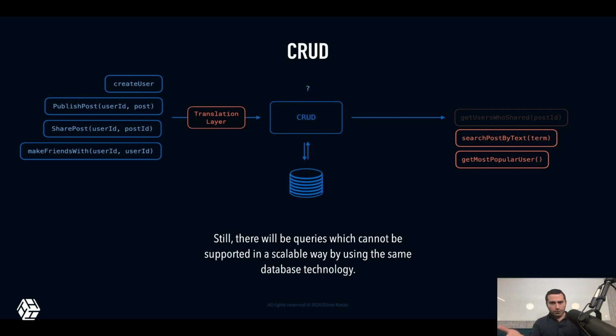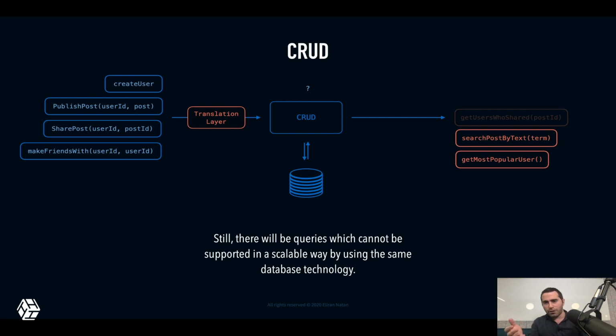Now, to support those kinds of queries at the same time, I will have to use a specific database. To support text search in a scalable way on big data, you would probably want to use Elasticsearch or something similar, something that is text oriented.